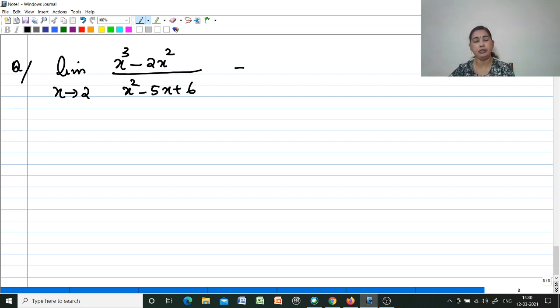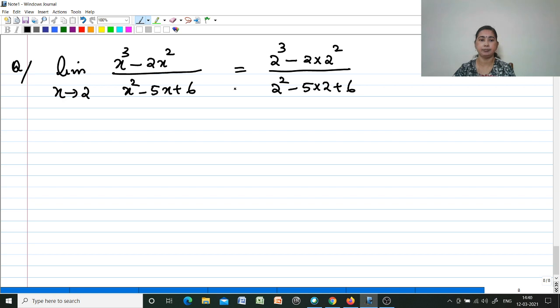Applying 2 here, giving the limit 2 cube minus 2 into 2 square divided by 2 square minus 5 into 2 plus 6. 2 cube is 8, 8 minus 8 is 0, divided by 4 minus 10 is minus 6, minus 6 plus 6 is 0. So again 0 by 0 form.